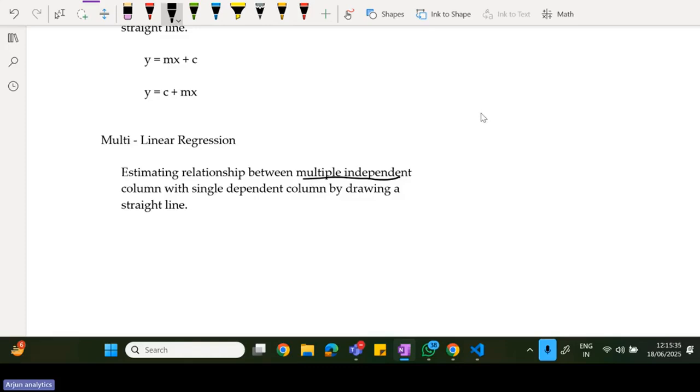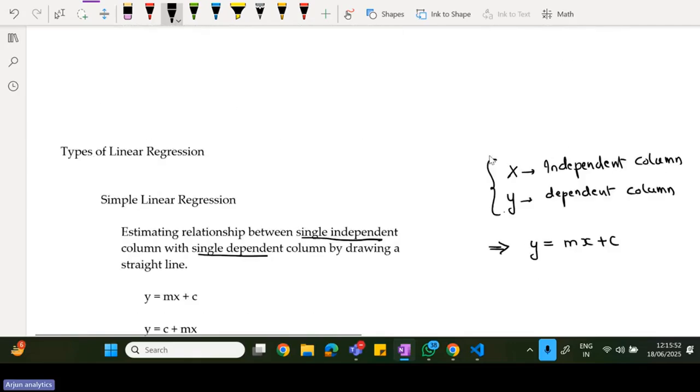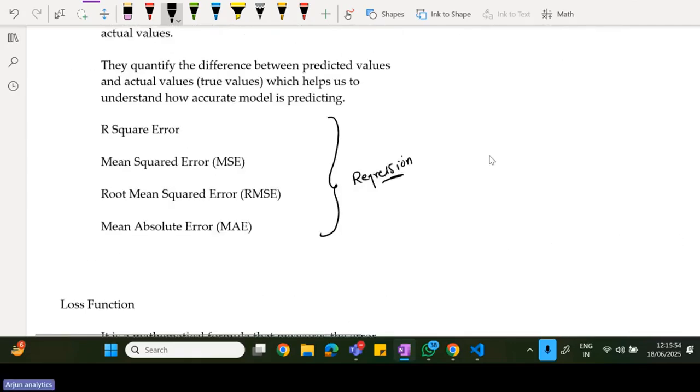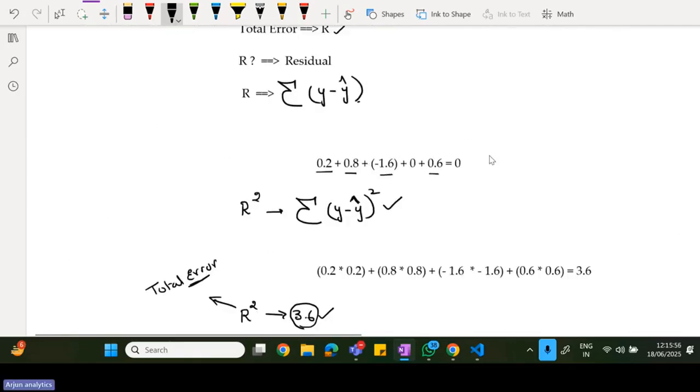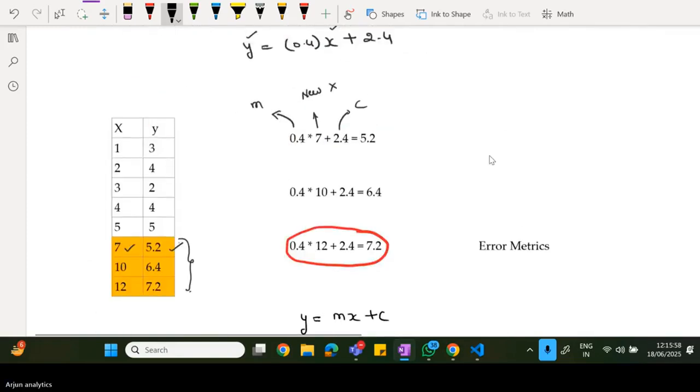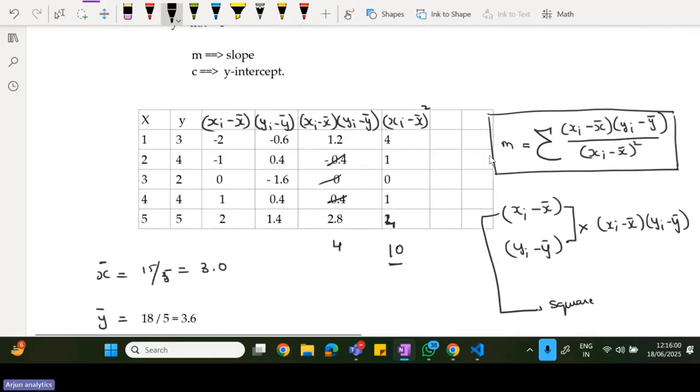So how will you represent that? x1, x2, x3, x4, and so on, till xn. Now single dependent column, so y will be only y. Now the question is, what about the slope?